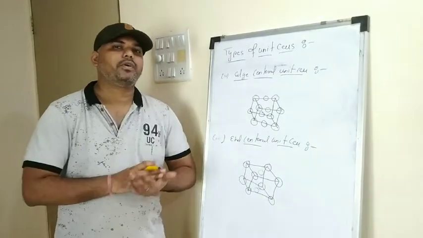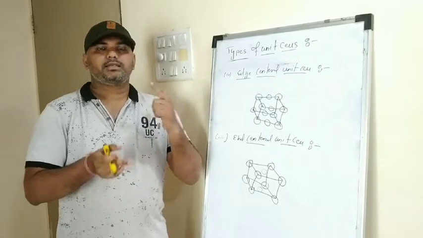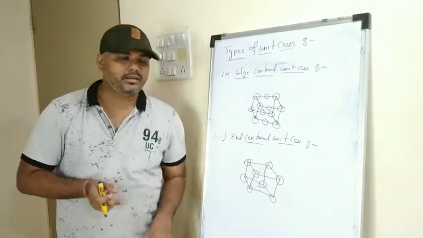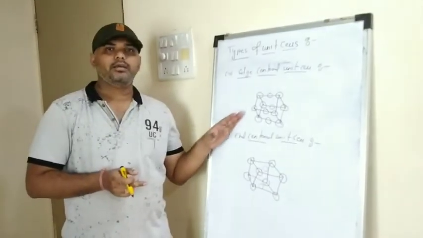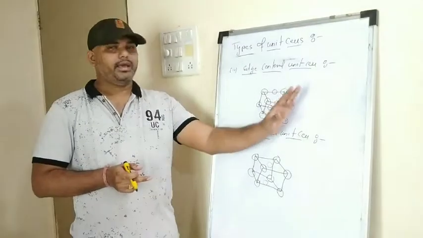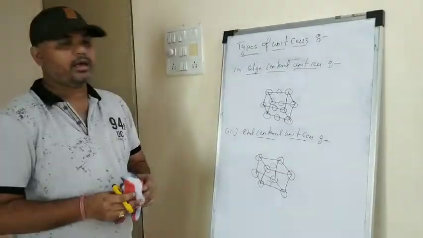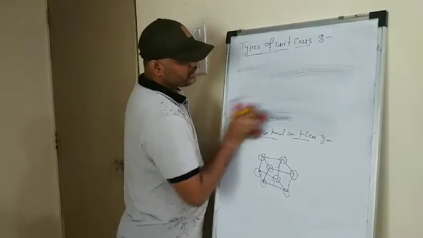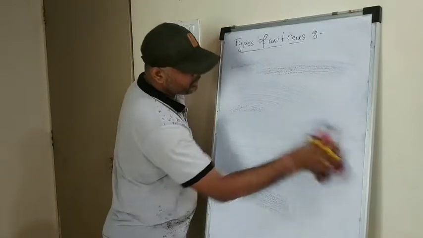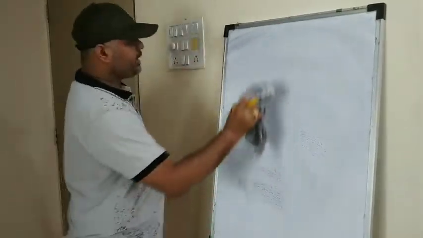Right? I hope that you all have understood the types of unit cell. So what are the types of unit cells? Simple or primitive unit cell, and centered unit cell. Under the centered unit cell, there are body-centered, face-centered, end-centered, and edge-centered unit cells. Right? So these are the types of unit cell. I request all the students to note this down. This is very, very important. Then let's move to the next point.